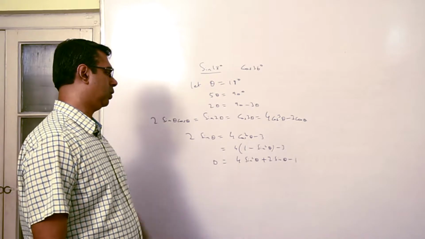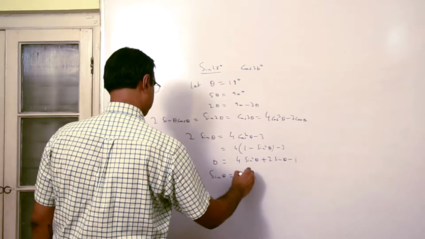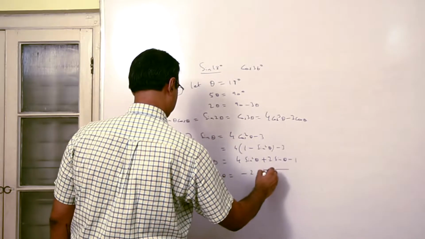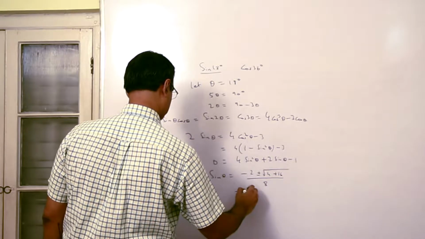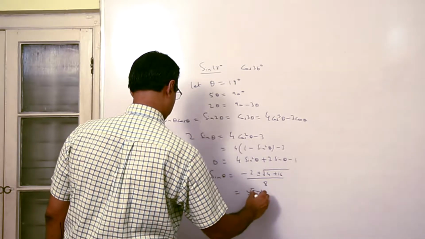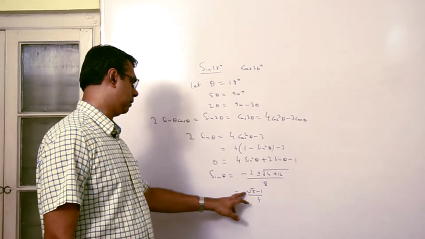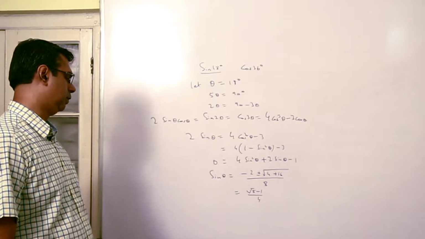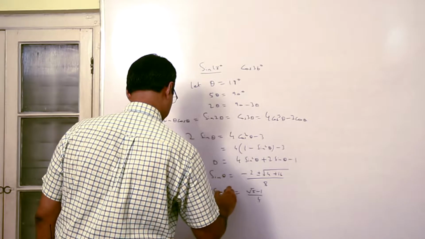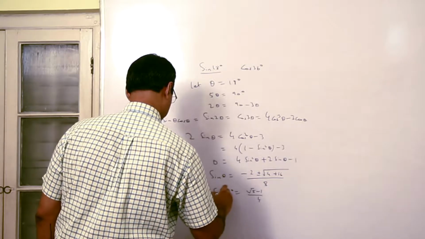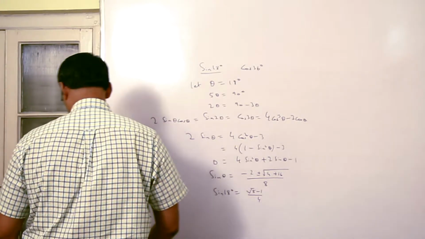This quadratic can only be solved by using the Sridharacharya's formula, the quadratic formula. And after using the quadratic formula, you will get root 5 minus 1 by 4. So this brings us to the result, sine 18 degree is root 5 minus 1 by 4.